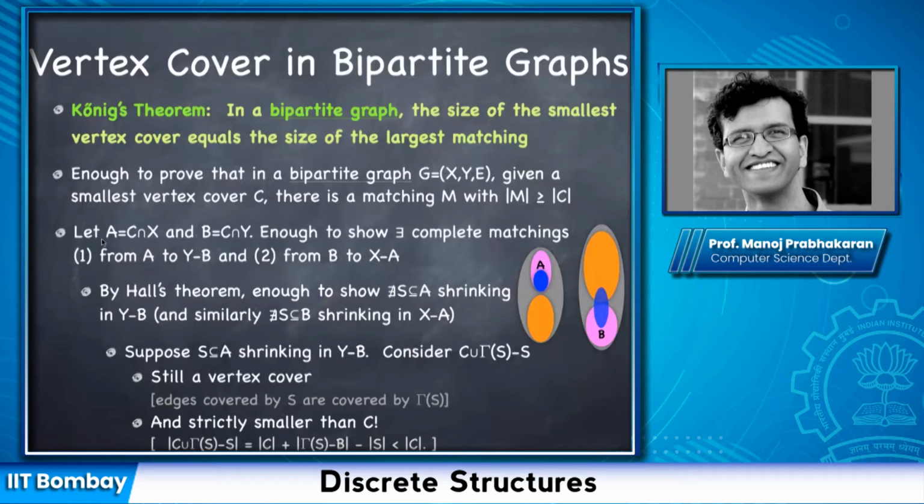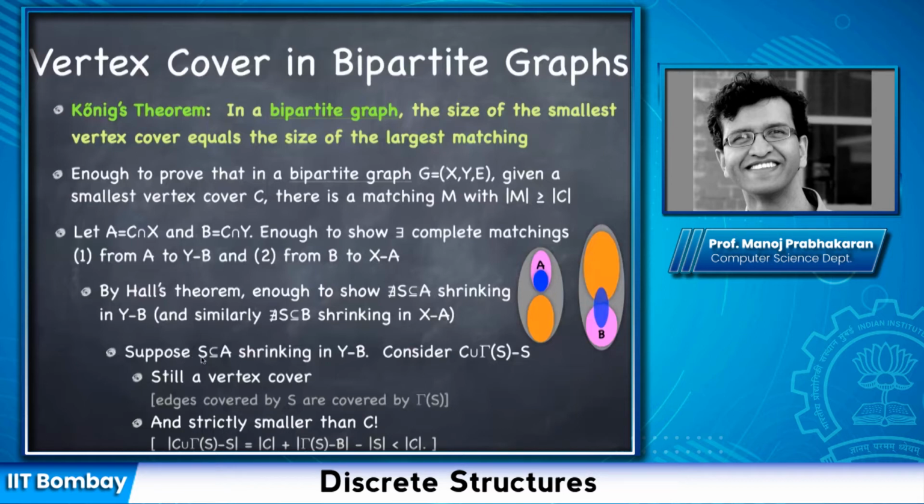But that's a contradiction because I started with a smallest vertex cover. There could be multiple vertex covers which are all the same size, but I'm supposed to start with one of the smallest ones. So there cannot be a strictly smaller vertex cover, which is what I have contradicted now.